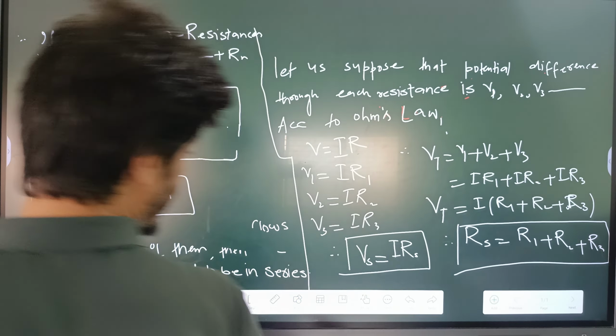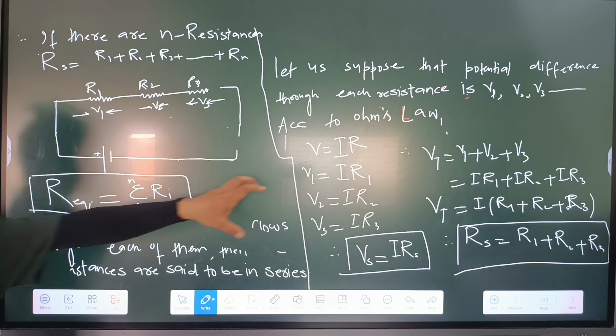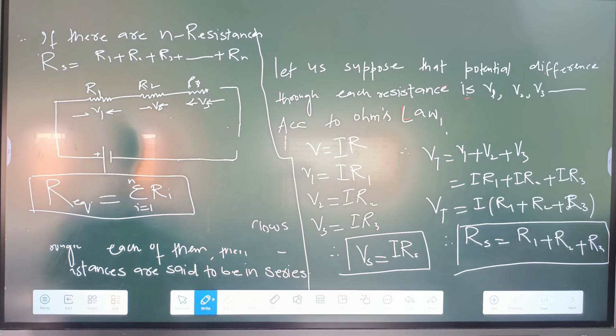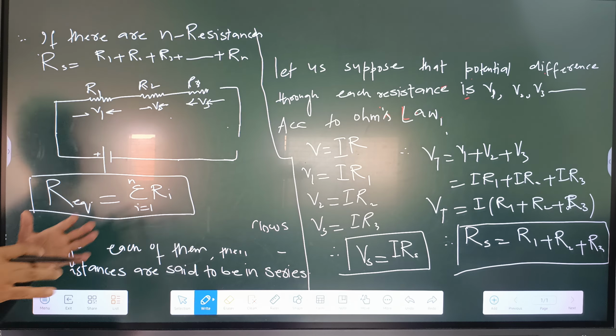So we can say here that when a large number of resistances are connected in series, then their total resistance is equal to the sum of individual resistances.